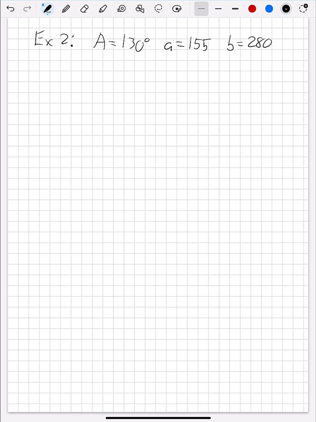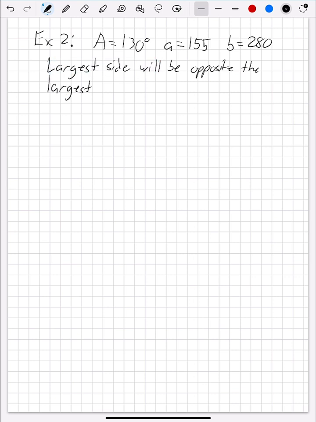So one thing that happens, and you may remember this from a high school geometry class, is that the largest side, or longest side you could say, will be opposite the longest or the largest angle.